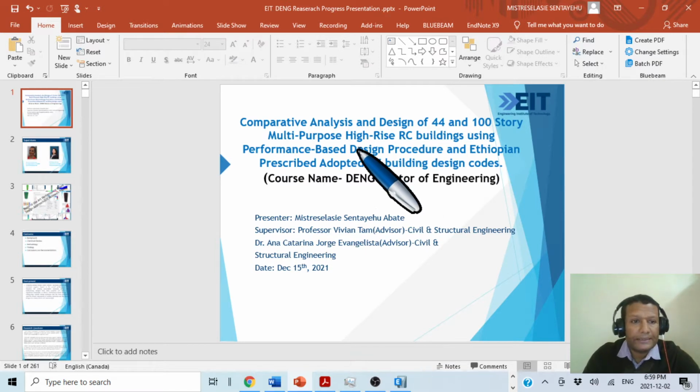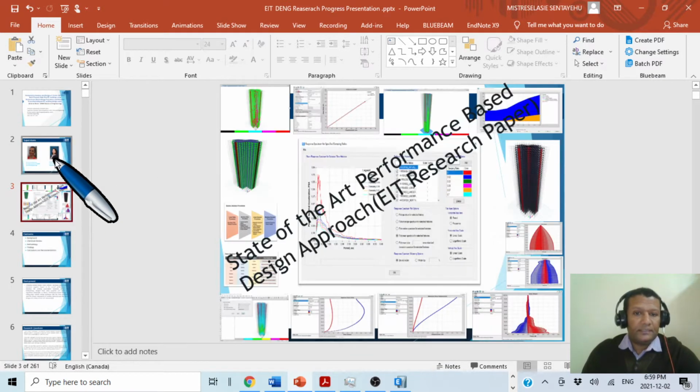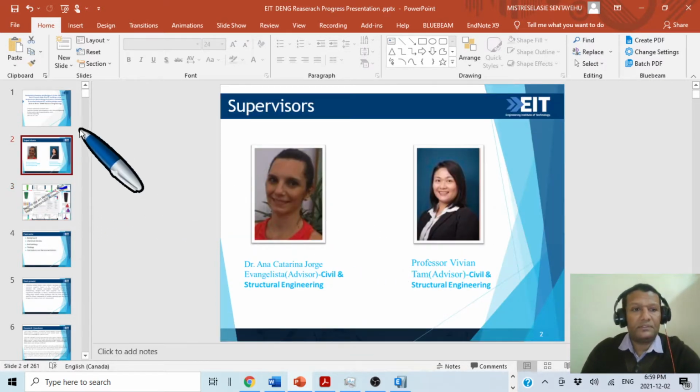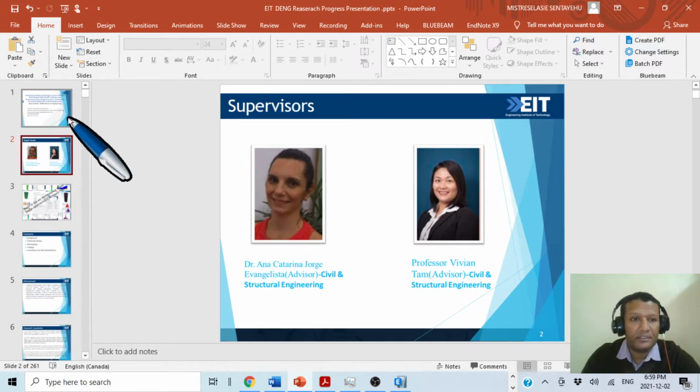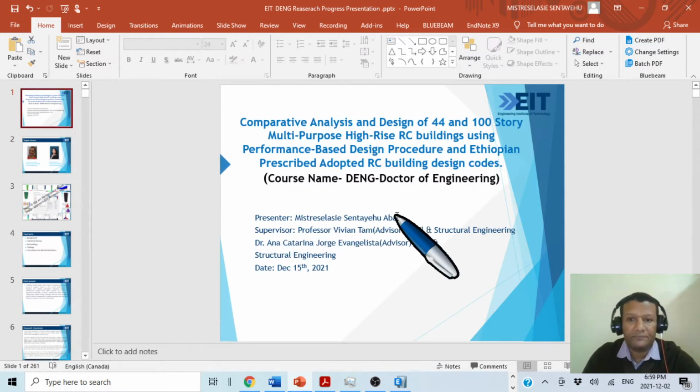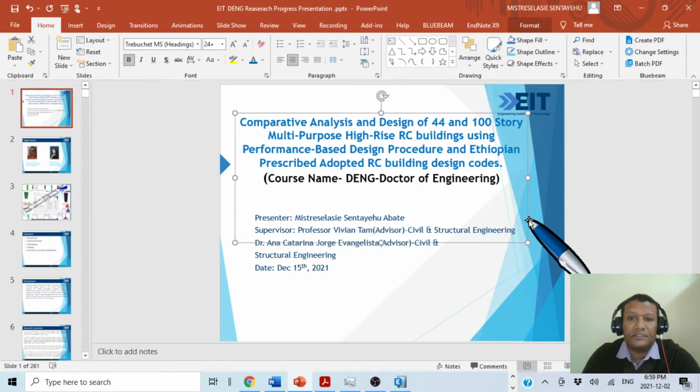If you remember, the main idea is that the prescribed adopted code and linear analysis of structures are not adequate enough to answer structural needs.